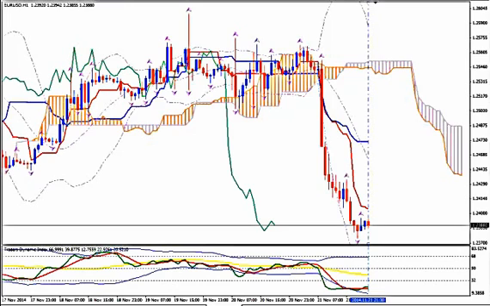You enter long when you see that the bearish correction on M5 is over and the bullish price Tenkan-sen cross happens.